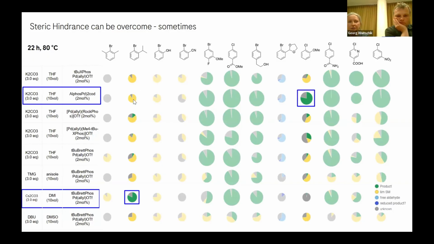Take this isopropyl: with potassium carbonate, THF, and the ligand, we have no product at all. However, with cesium carbonate, DMI, and tBuXPhos, it's actually a pretty good reaction. It's the complete opposite for the ortho-methoxy, where the top conditions work quite well and the lower one doesn't work at all.